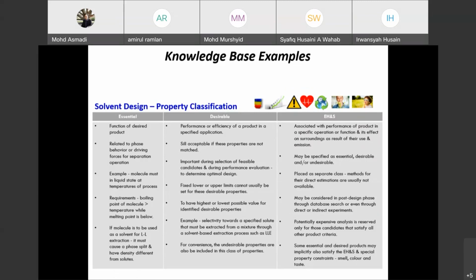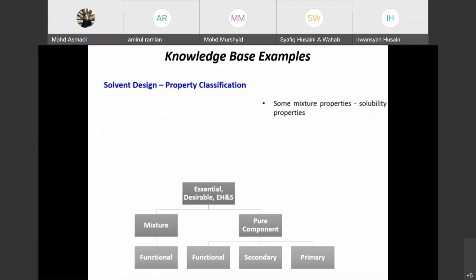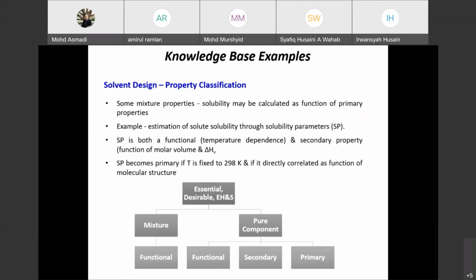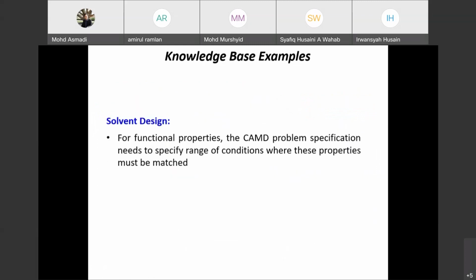Ini more to the difference lah between essential, desirable and also EHS ni environment, health and safety. So ini dia punya classification. Awak boleh tengok lah nanti. Terlalu wordy lah.